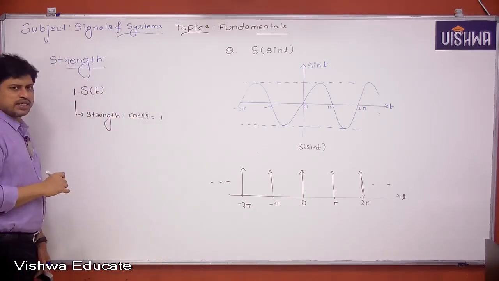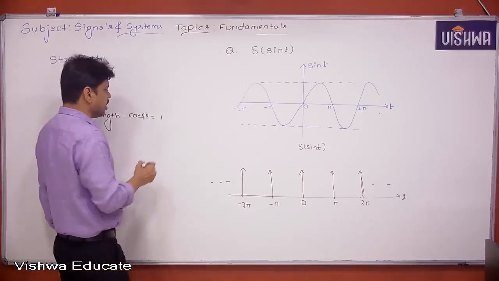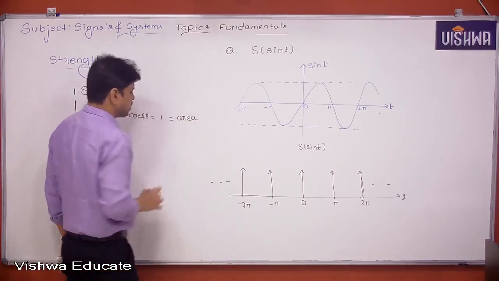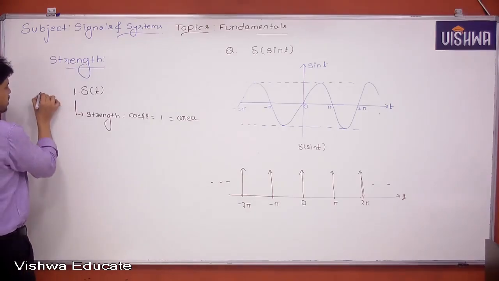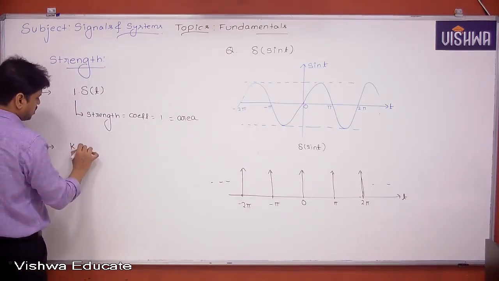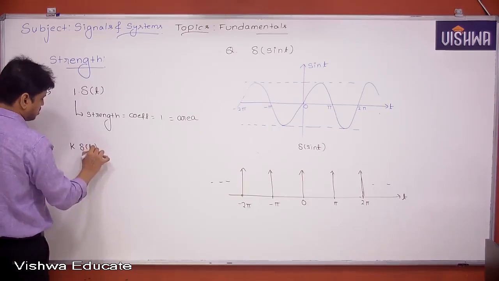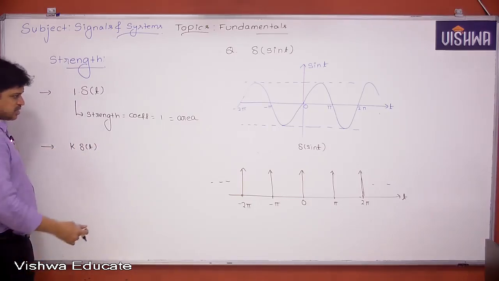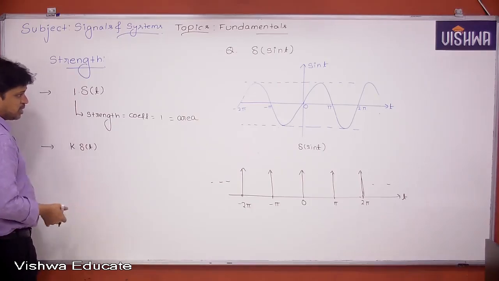What this usually indicates is nothing but the area under the impulse function. Suppose I ask k delta t. So here, what does this k indicate? It is nothing but the strength or coefficient, which is nothing but the area under the impulse function, which is k.